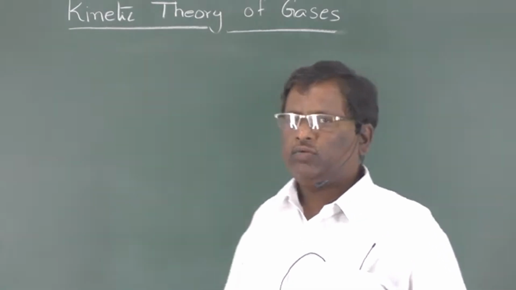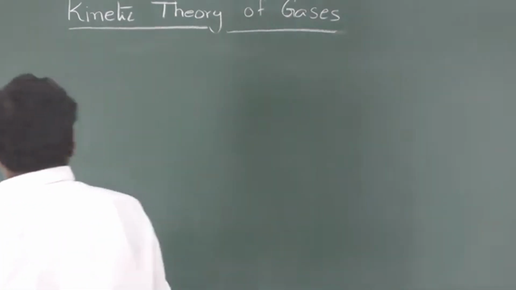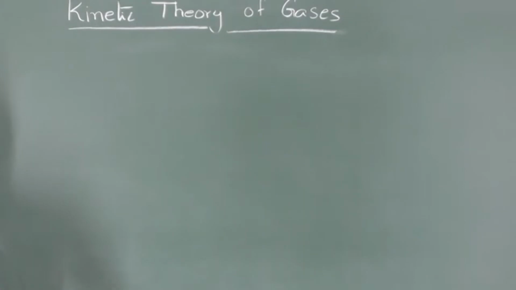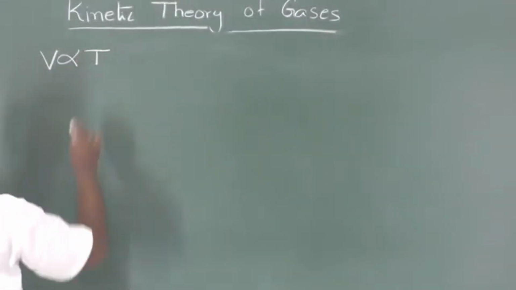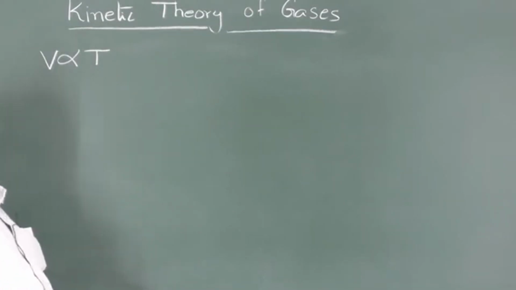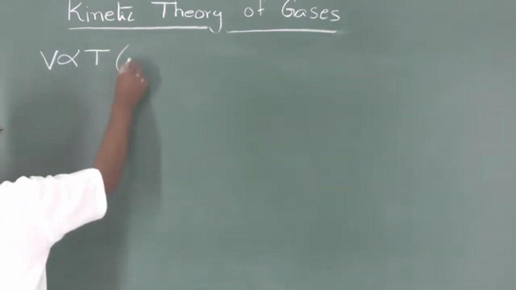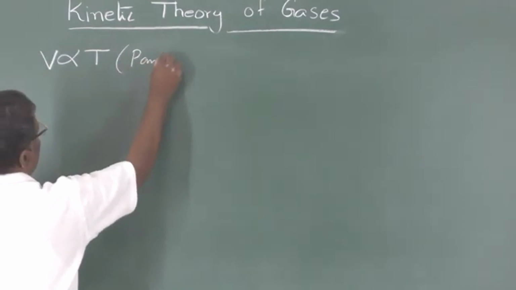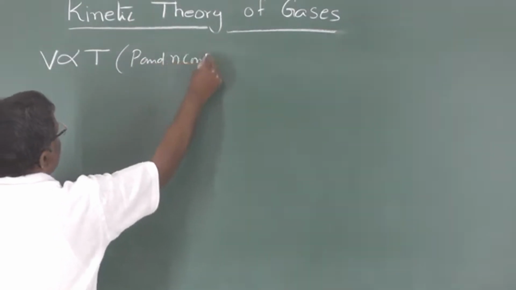First, let us see what is Charles' law. According to Charles' law, at constant pressure, the volume of a given mass of gas is directly proportional to its absolute temperature, with P and N constant.